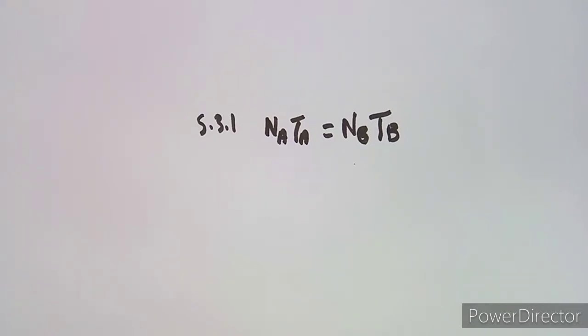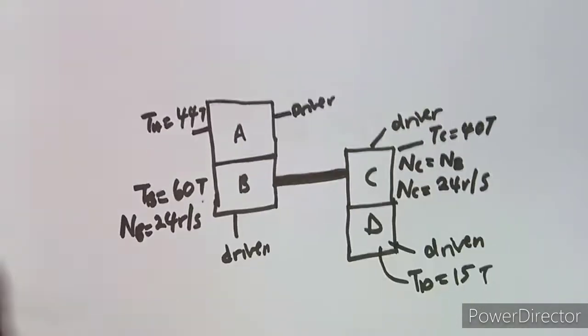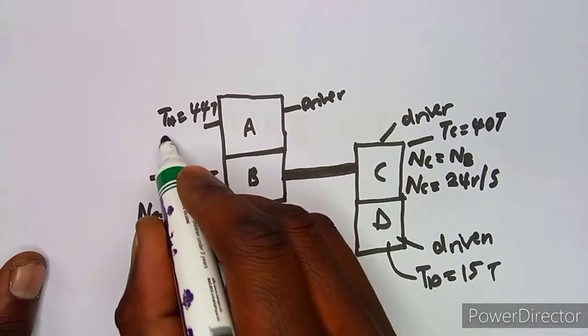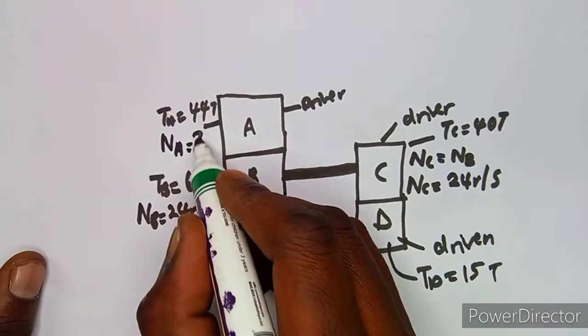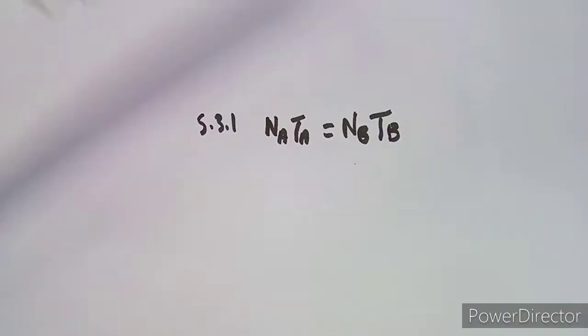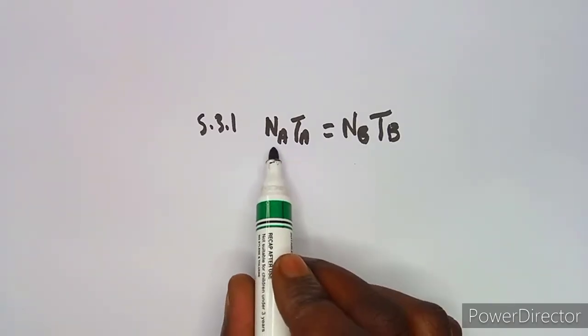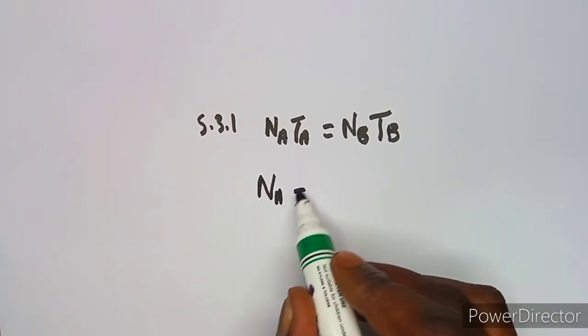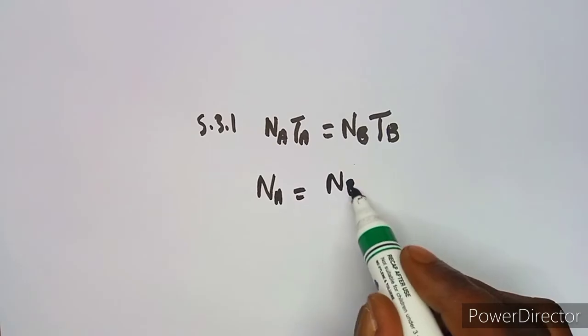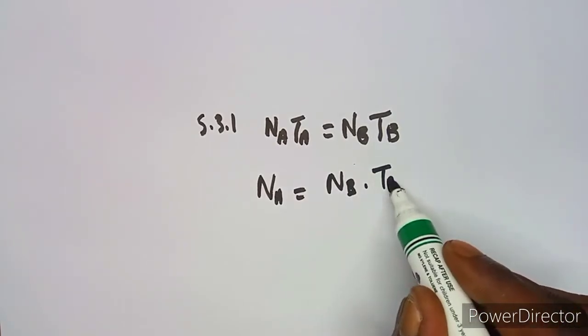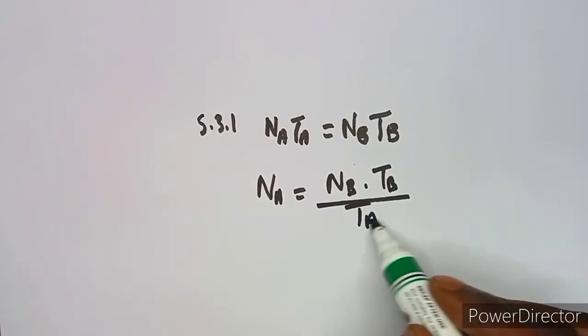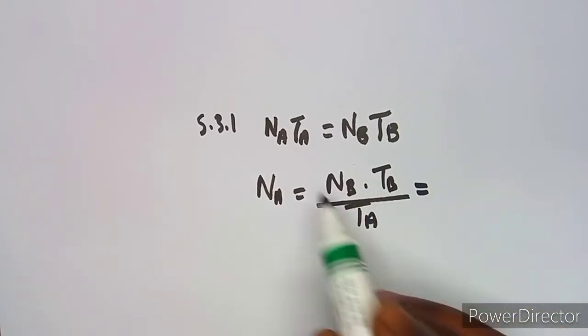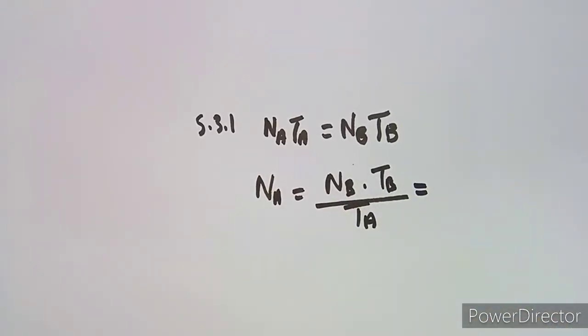Suppose this is in your formula sheet also, so we can make NA the subject because that's what we need here. Remember from your mathematics, guys, if you want NA, you're going to divide by TA. So NA is going to be NB times TB over TA. You can substitute this from the information that you are given.